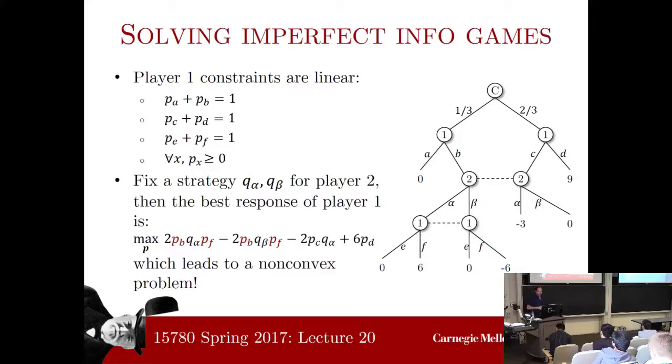Okay, so let me try to give you the intuition of what I'm trying to do here in the last few minutes. What this tells us, when player 1 took an action, we're looking at PB times PF.